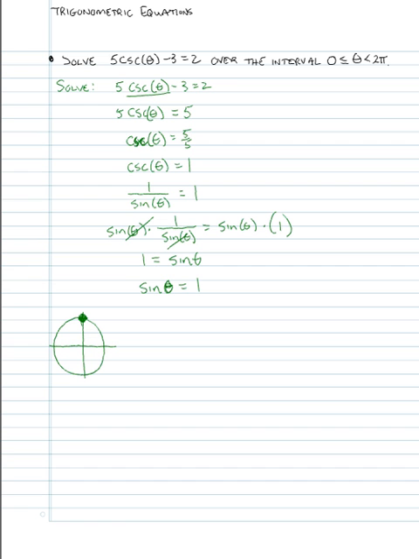And so the angle that we're talking about is the angle that puts us to that position. We're talking about this angle. And of course that angle is pi over 2, isn't it? And so in this case, there is a single solution. Theta is in fact pi over 2, the only solution to this particular equation. That is, the only solution between 0 and 2 pi.